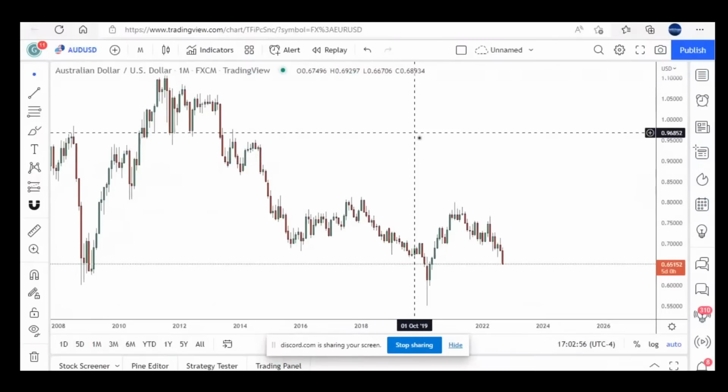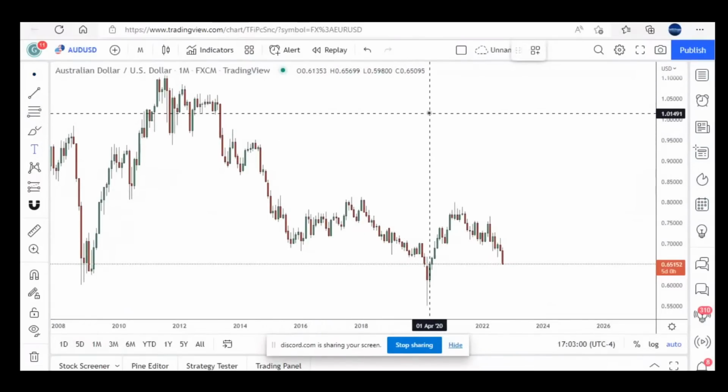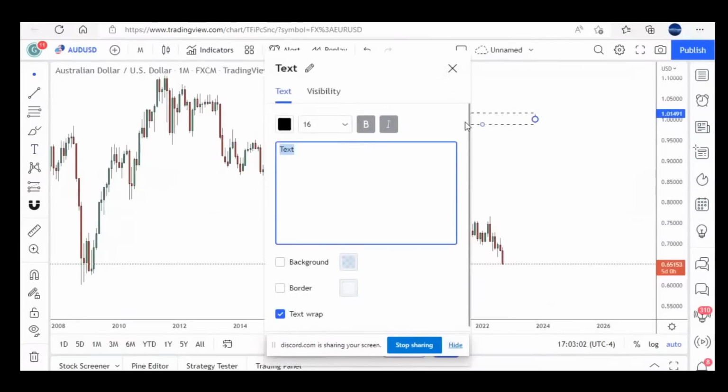So the 4 things, or the 5 things, I'll type them out real quick. We're going to be looking at order blocks. We're going to be looking at breakers. We're going to be looking at fair value gaps. We're going to be looking at, of course, our highs and lows.